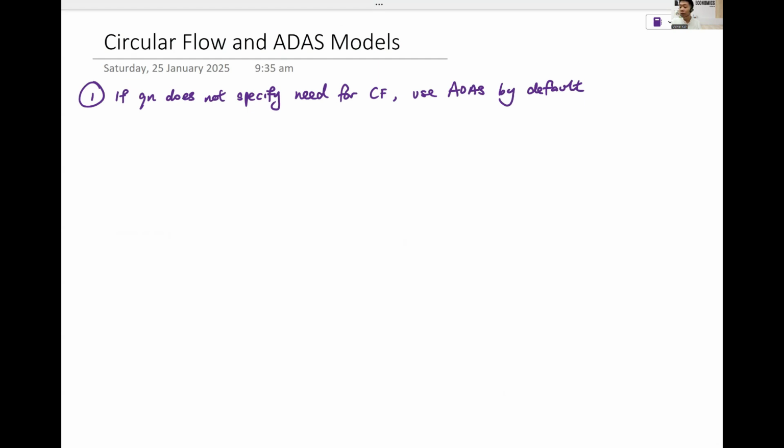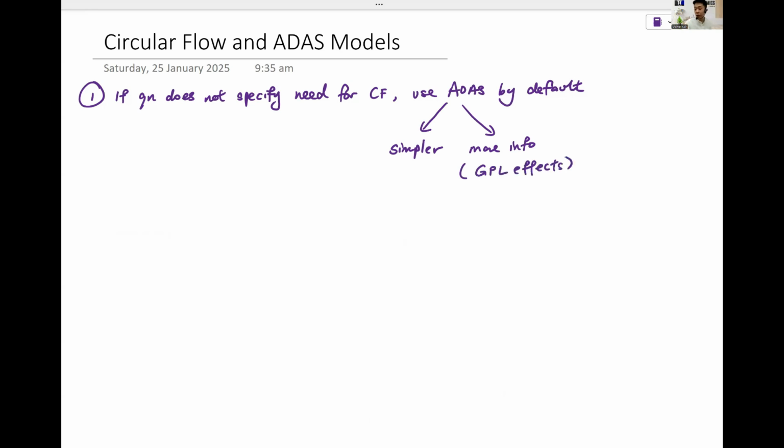So the AD-AS model, number one, is simpler. Number two, it conveys more information. It brings across more information. And what do I mean by that? If I look at more information, it also tells us about general price level effects.